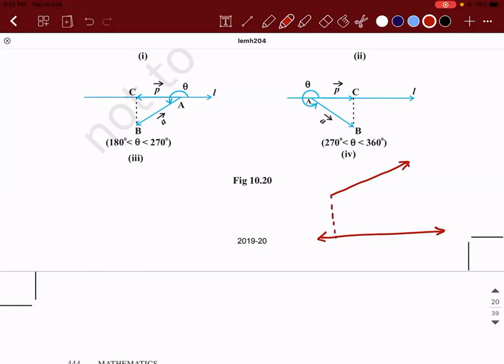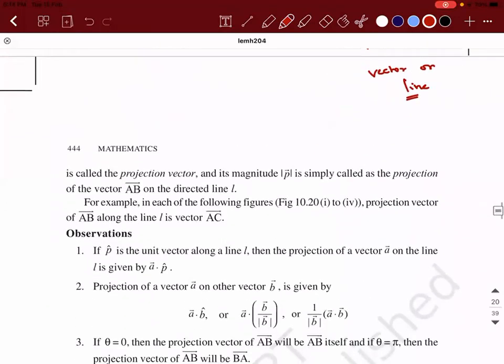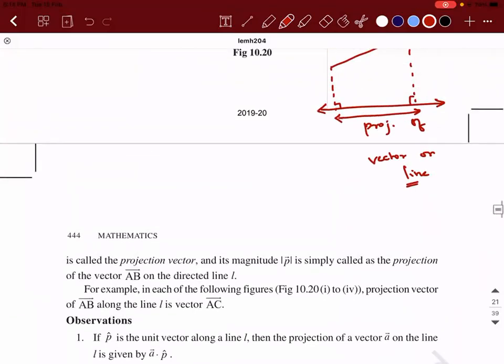The distance between the feet of the perpendiculars dropped from the vector onto the line is what is called the projection of the vector on the line. Then how much is it going to be? So projection of A vector on B vector is given as A vector dot B vector divided by magnitude of B vector. This one alone, let me prove it.